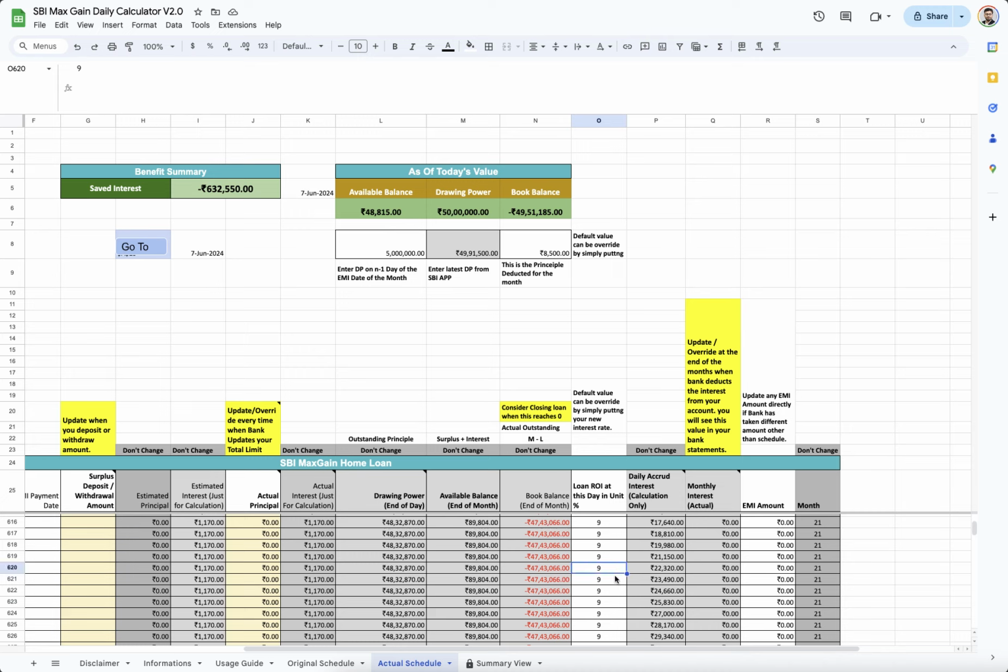And while I'm updating, you see my saved interest is going negative in comparison to the original schedule, right? We are giving more interest, correct? So generally, you are expected to apply this rate of interest in the original schedule as well, so that you are able to see the difference properly.